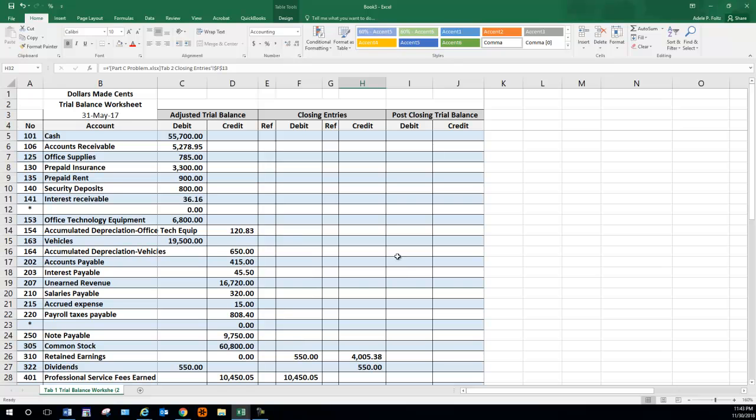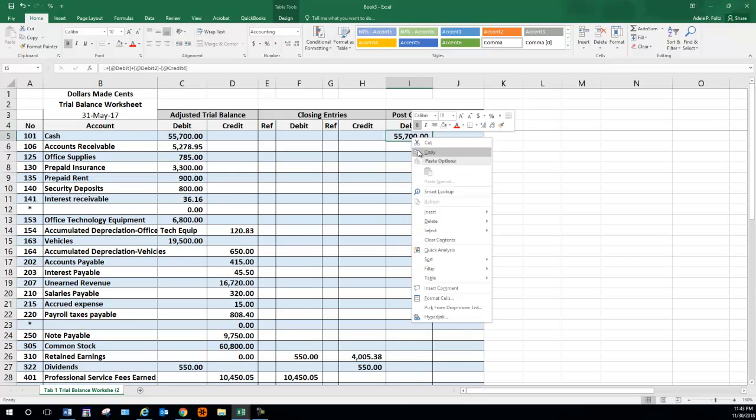So we're just going to do the math here. Our cash, there were no entries over here, but if there were, I would certainly take my debit balance, add that debit, and subtract my credits, and that would be my ending balance. So I'm going to copy that down.